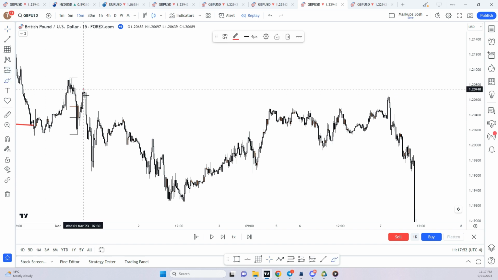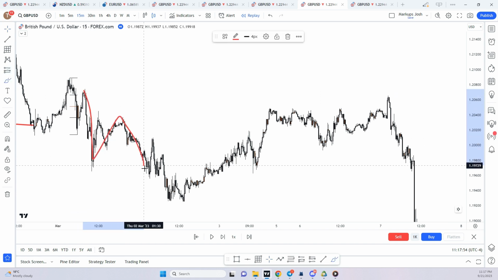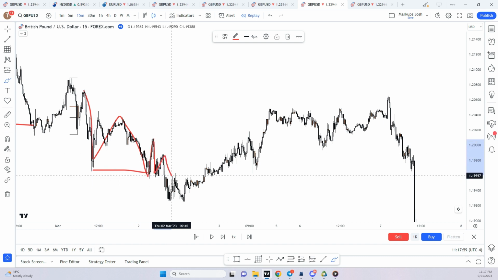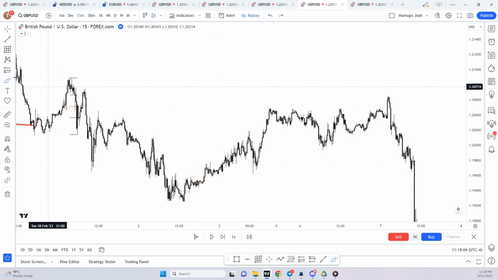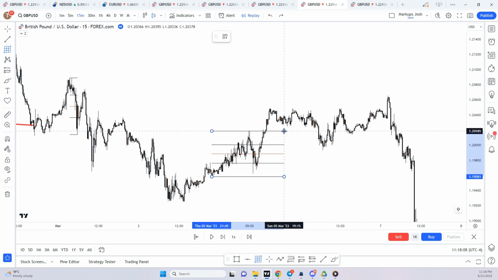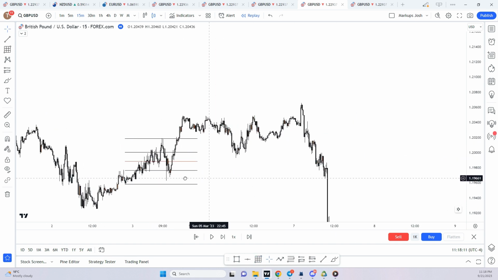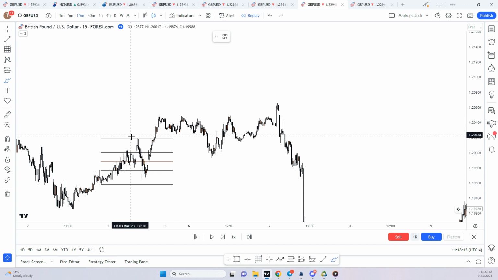We have another impulse leg here. Another impulse leg here. Another impulse leg here. We take out this short-term high. Where do we pull back to? The lower 30% of the range. Give another break in structure.